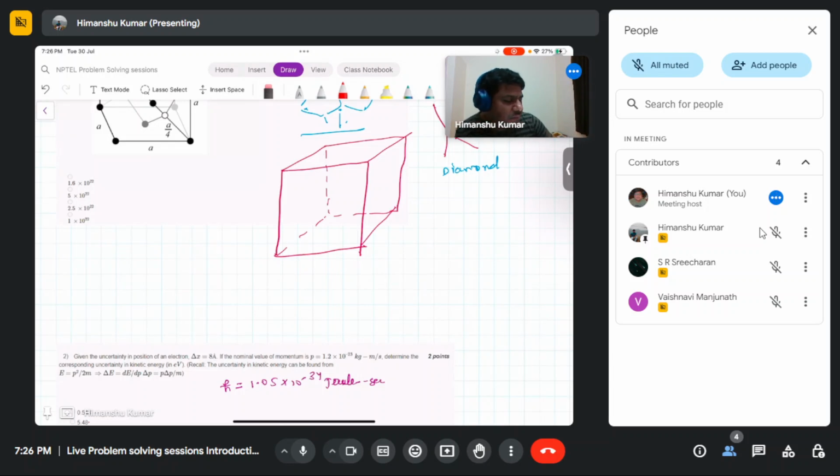You might have heard of simple cubic, body-centered cubic, and face-centered cubic structures. For the diamond cubic structure, the lattice is face-centered cubic.